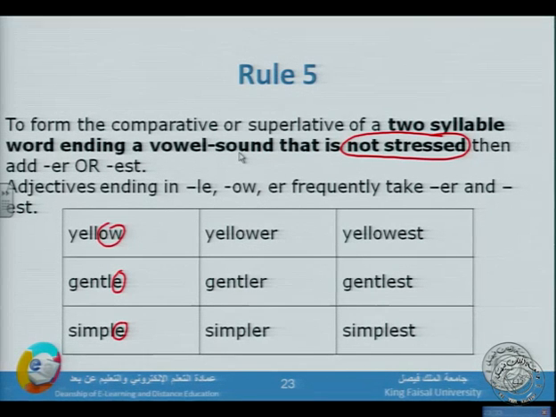Yellow, gentle، ما حكيت gently or simply، simple. So these are not stressed vowels.